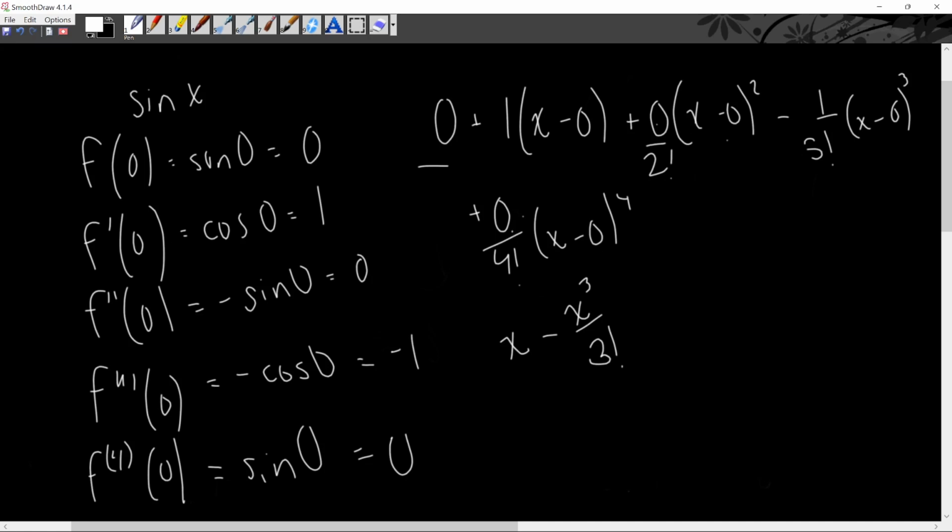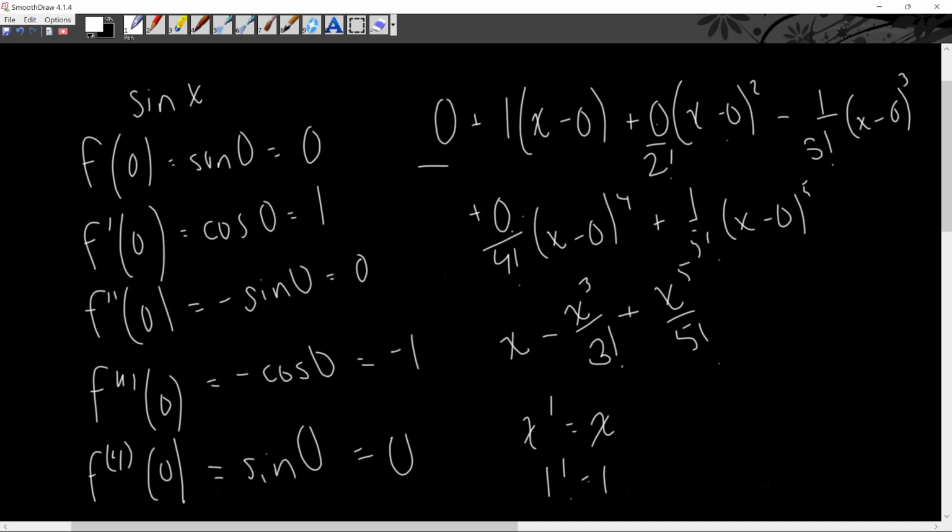The fifth derivative of f at x equals 0 will be cosine 0, which is 1, so we're going to have plus 1 over 5 factorial times x minus 0 to the fifth power, so plus x to the fifth power over 5 factorial. And again, just as a reminder, x to the first power is x, and 1 factorial is 1.